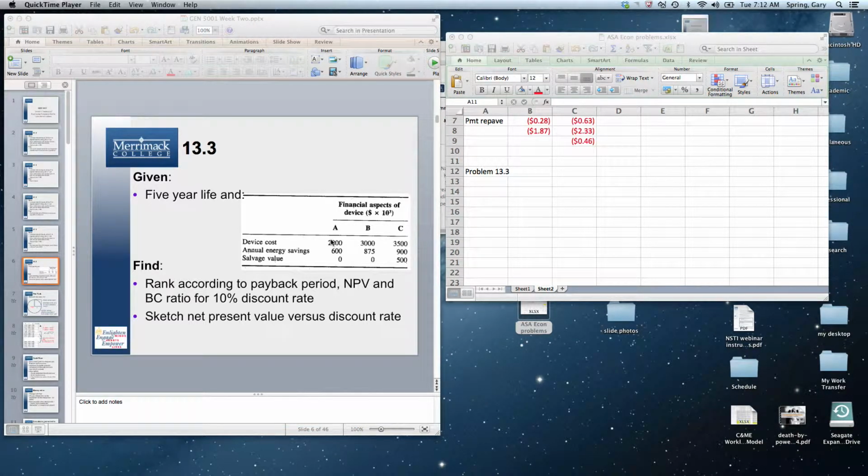Evaluating alternatives. So we're going to look at a couple of different methods for comparing different alternative investments.